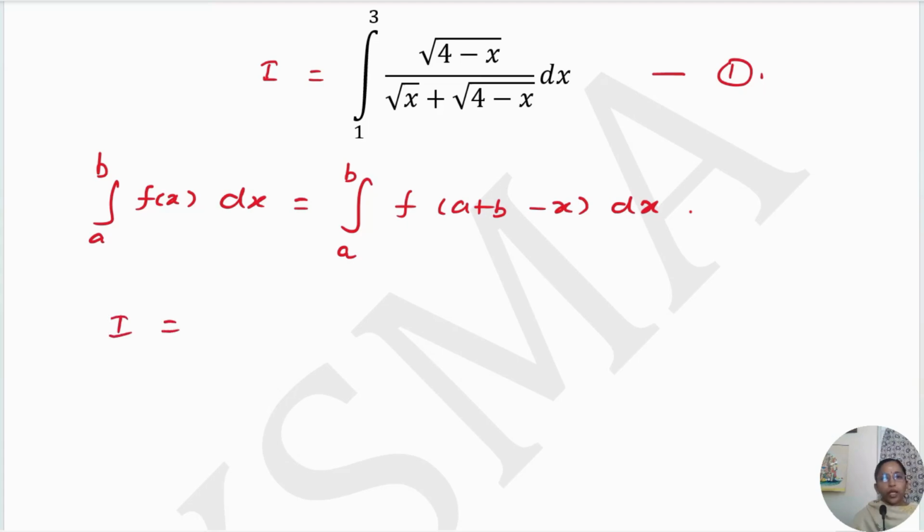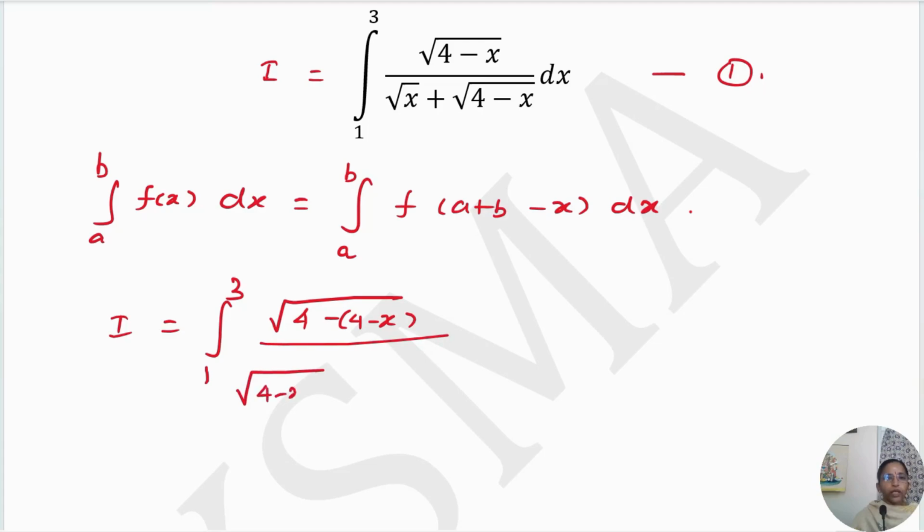So now we can rewrite our equation as integration 1 to 3 root of (4 minus (4 minus x)) divided by root of (4 minus x) plus root of (4 minus (4 minus x)). Instead of x we are going to write 4 minus x dx.